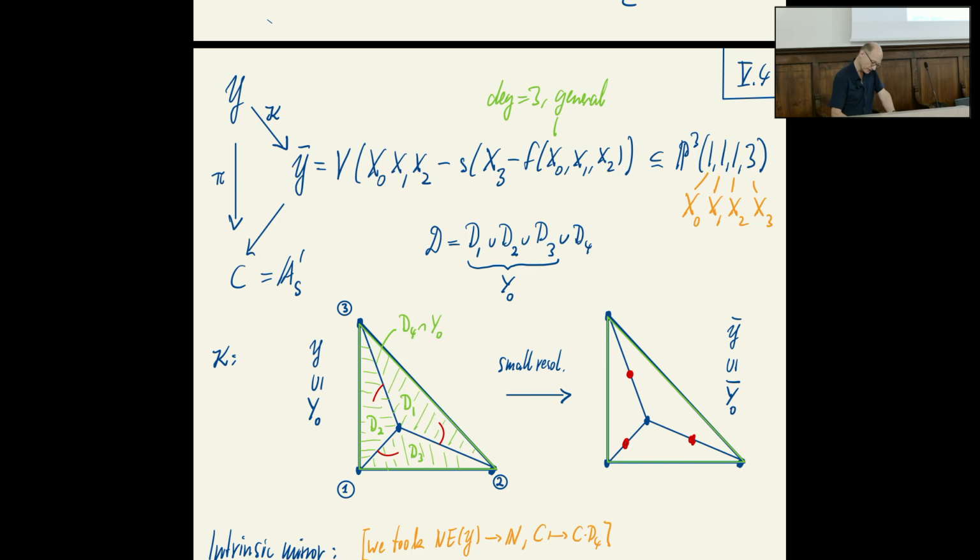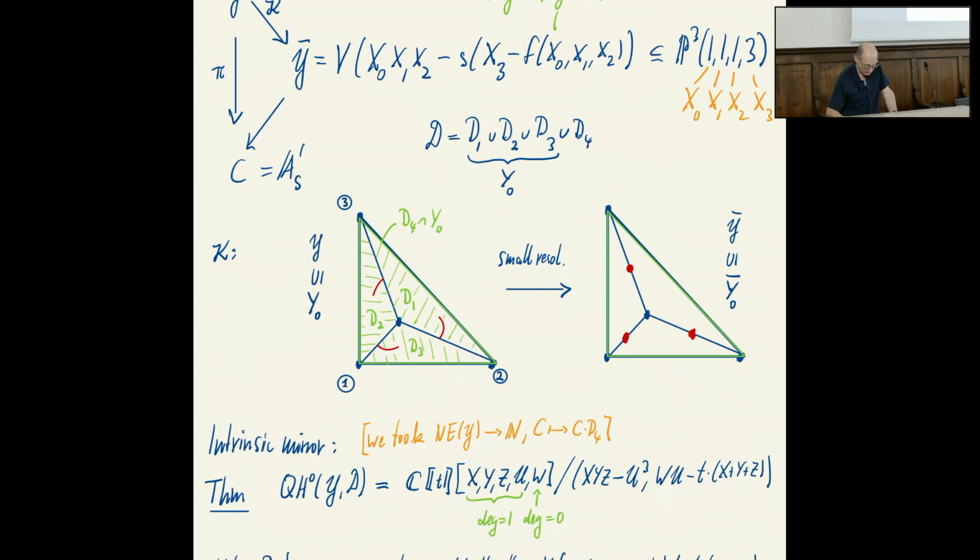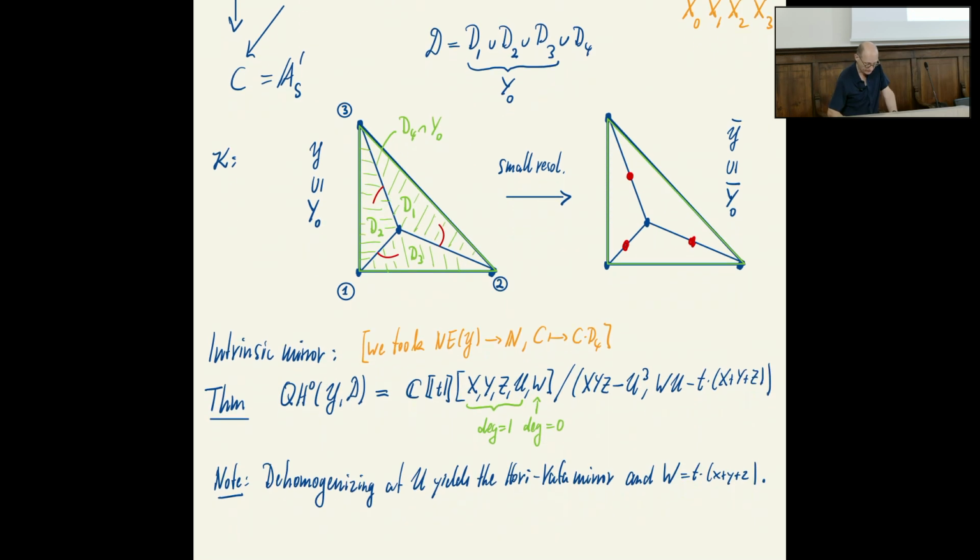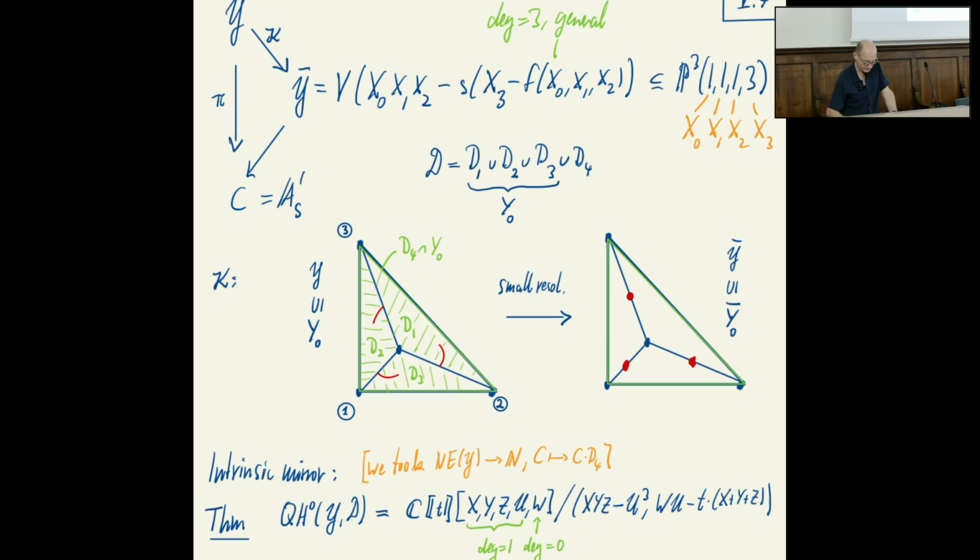The divisor is the central fiber. The central fiber has these 3 components, D1, D2, D3. And then I need the thing that is the degeneration of the smooth cubic. So that's a D4. And the D4 is given by x3 equals 0, if I remember correctly. Yeah. So that is the geometry I start off with.